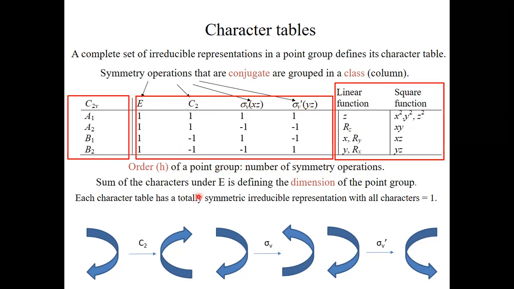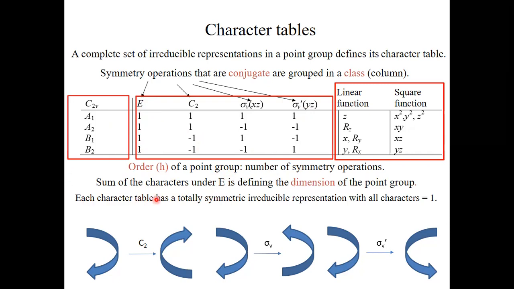Okay. So now the sum of the characters under this symmetry operation E here defines the dimension of the point group. So the dimension of the point group in this case would also be 4. 1, 2, 3, 4.